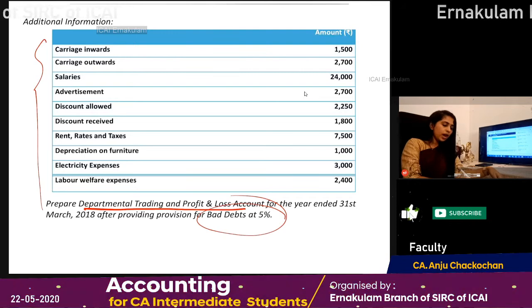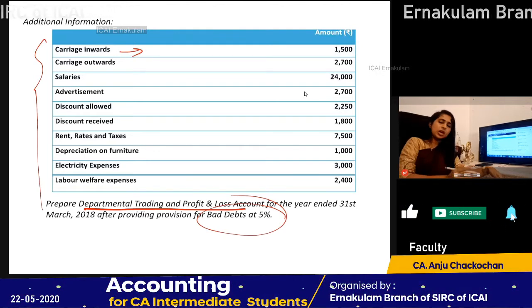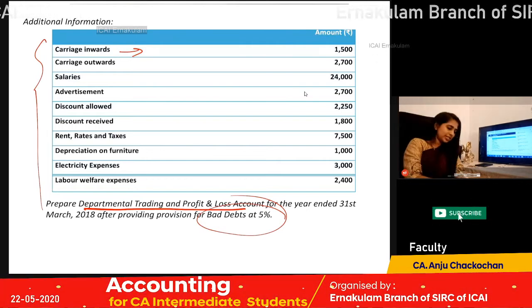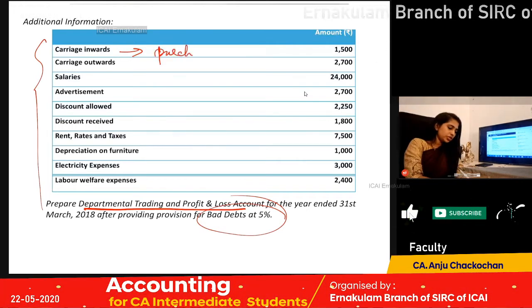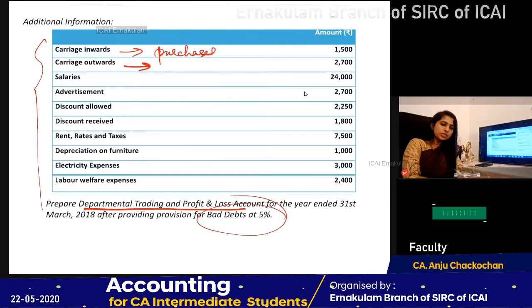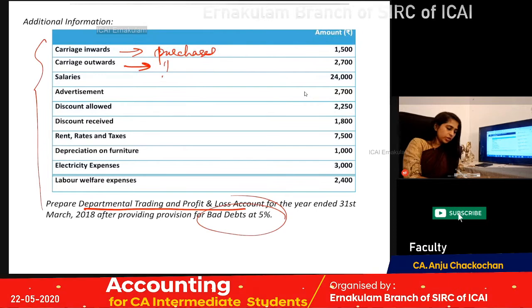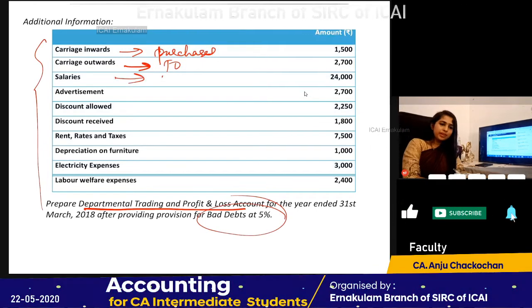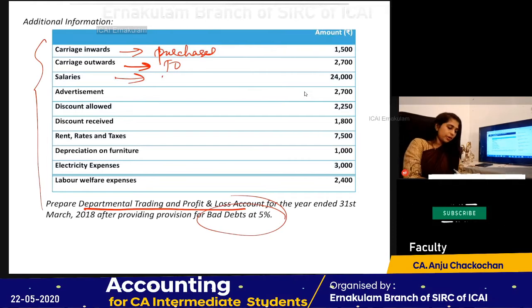Everybody, please drop in your messages. How do we allocate carriage inwards? On the basis of purchases. Carriage outwards? On the basis of turnover. Salaries? On the basis of number of employees.